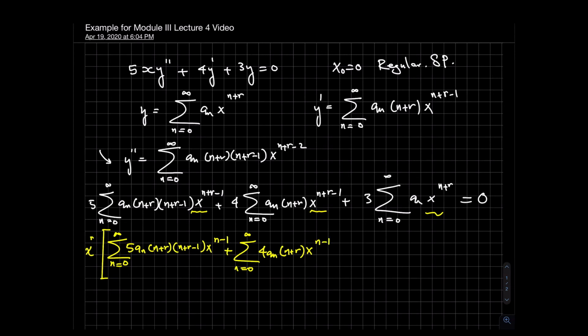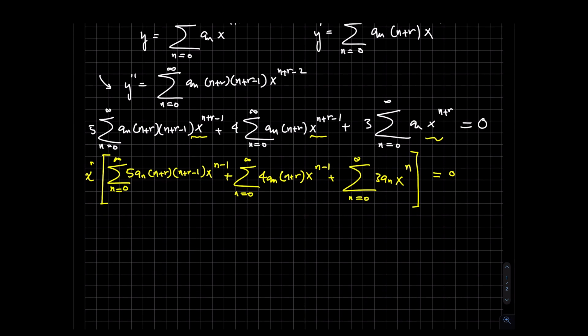And then this becomes plus the summation of 3 a_n as n goes from 0 to infinity, x to the n, and then we close the brackets, equal to 0. So now x to the r equal to 0 can't be, so that doesn't really change anything. So now I could more comfortably work with these.